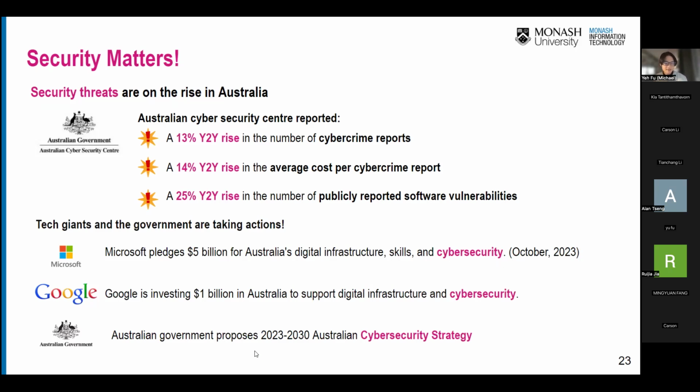The government of Australia also has the 2023 to 2030 Australian Cybersecurity Strategy to combat the cybersecurity issue. So if we can somehow integrate AI-based security methods in your DevOps workflow, we can consider security issues during software development.